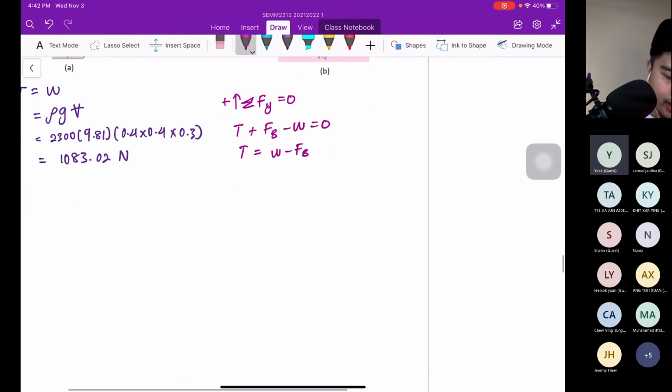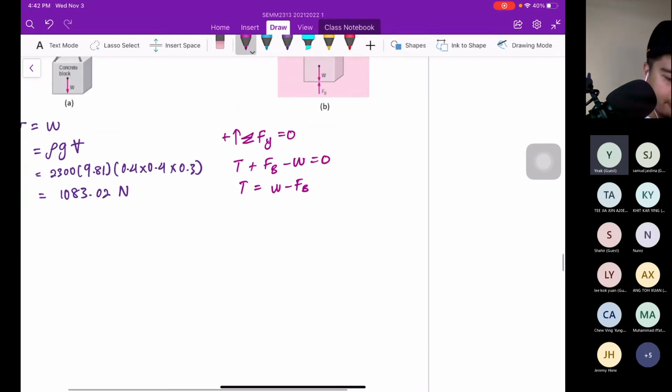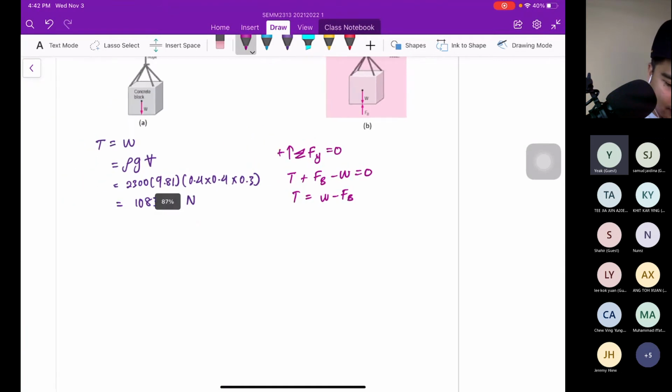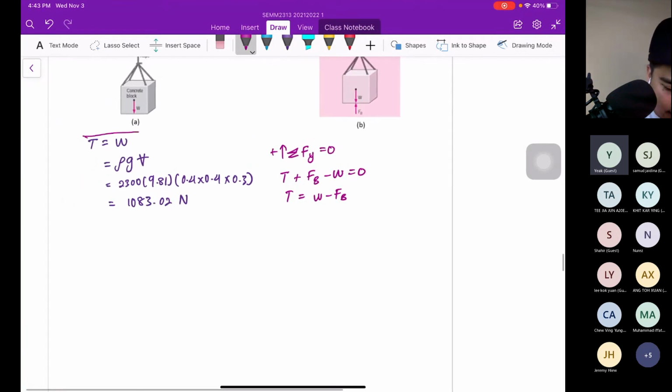So weight is what we discovered before. T is equal to W is equal to this one. We discovered the weight, we know. FB, we don't know. How to calculate FB?